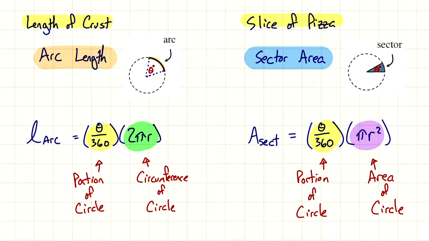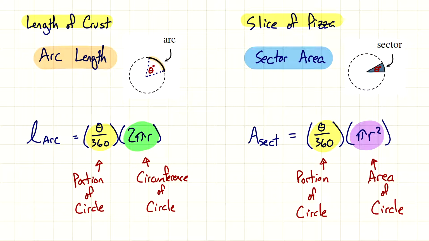There's no technical formulas for these, so I've just put together one for us. I'm calling this a cursive L, as in length. If we want the length of the arc, then we would take the portion of the circle, which we talked about earlier. In this case, it's going to be theta, whatever the angle is, over 360.